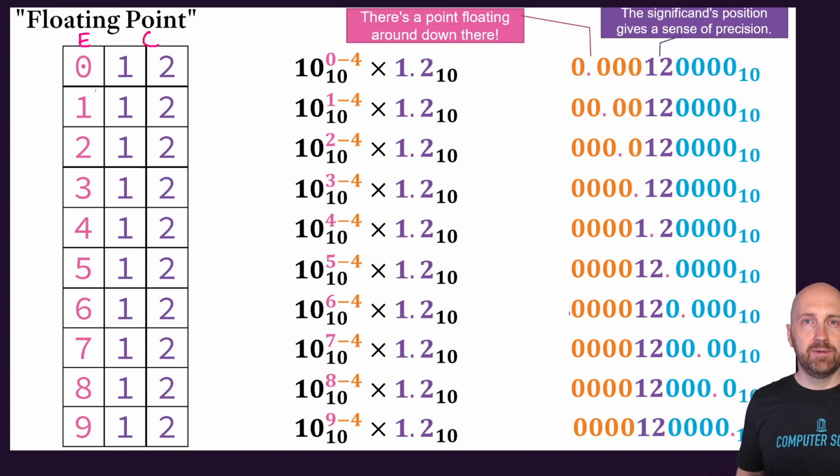The key idea behind floating point, as we're looking at it in decimal notation, is that we're going to have an exponent, and that exponent here is based on the power of 10. When we look at binary floating point, it will be on the power of 2. We're going to have a bias, and what that bias gives us is the ability to represent numbers closer to 0 than we could otherwise, right?